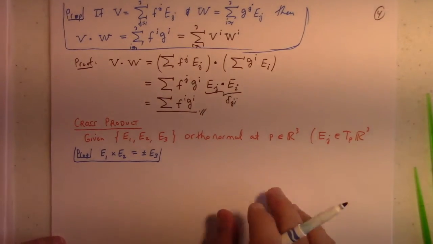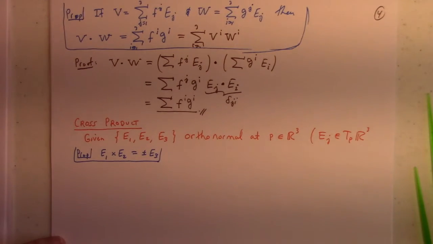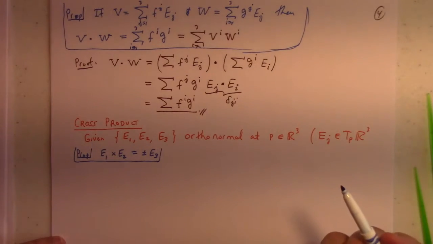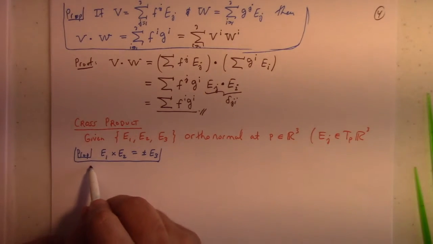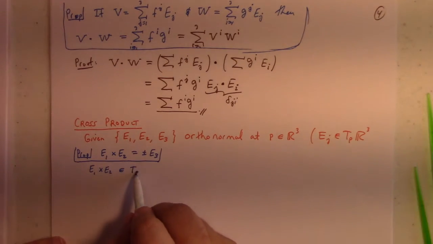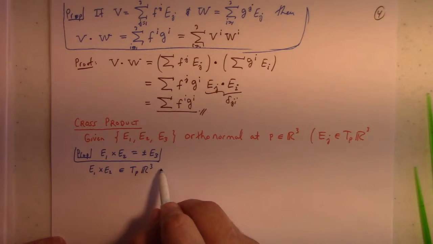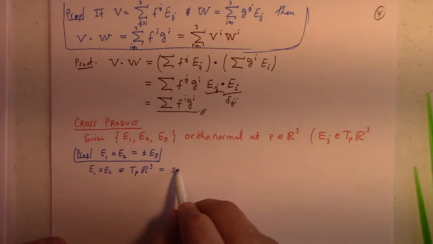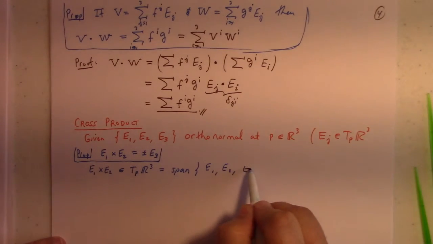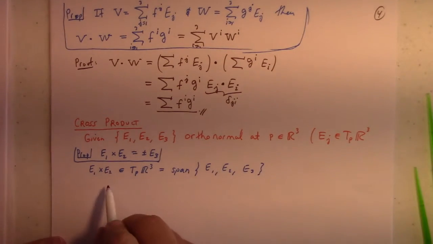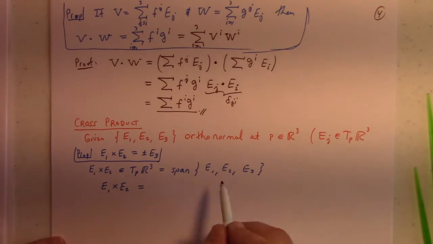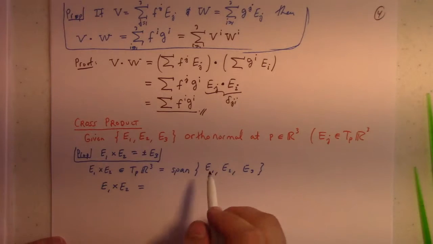Now, think about this. E1 cross E2, what is it? It's a vector. So E1 cross E2 is an element of the tangent space at P of R3. But that is the span of E1, E2, and E3. Those are your only options. So that means that I can express E1 cross E2 in terms of the orthonormal basis, the frame.